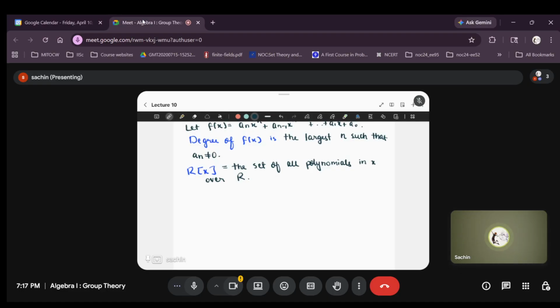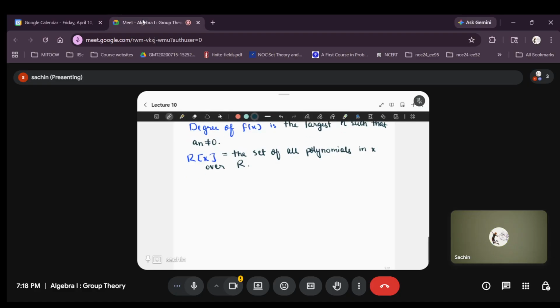Right now we have said R is a ring and we have defined a set of polynomials. But this is simply a set right now. We want to give a ring structure to R of x itself. We have R is a ring, we want R of x also to be a ring. And for that we have to define addition and multiplication, which is simply the addition and multiplication of polynomials.